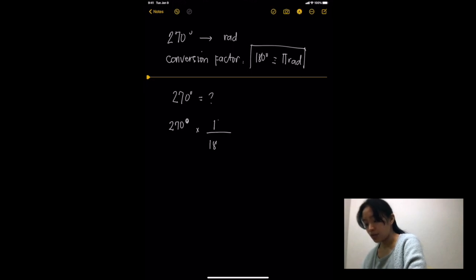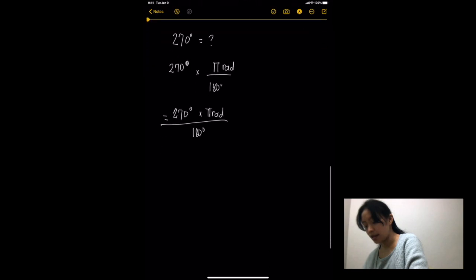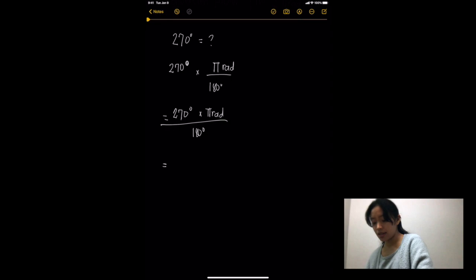The degree is in the numerator, so I'm gonna write 180 degrees in the denominator and copy pi radians. So this is just equal to 270 degrees times pi radian all over 180 degrees.